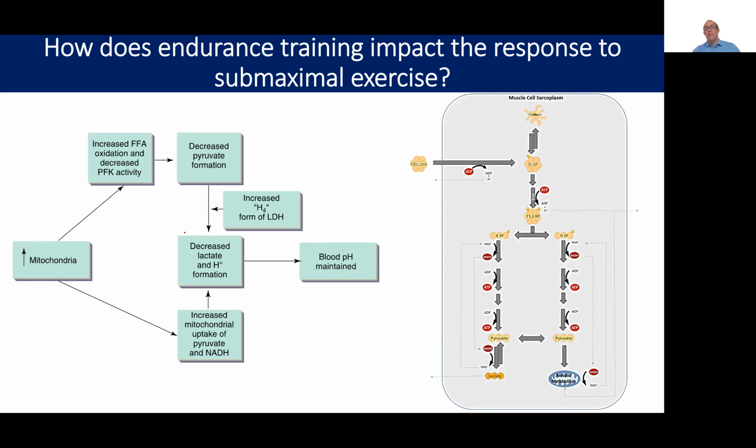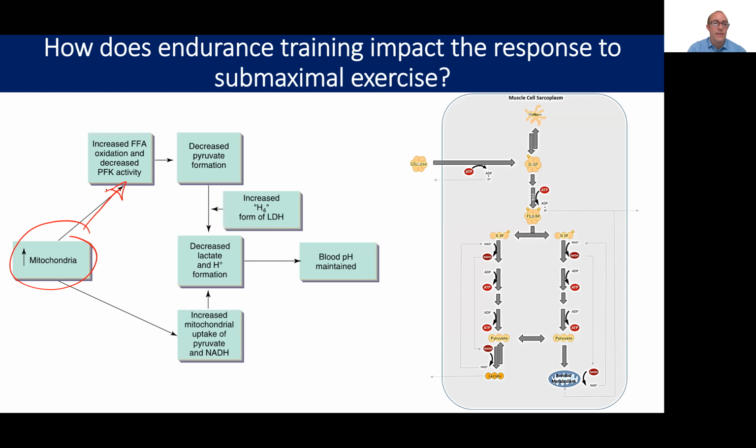The increase in mitochondria is actually key for a lot of these submaximal adaptations that we see. By having more mitochondria, we can use fats more readily. By using fats more readily, that allows us to produce less metabolites that signal for fatigue and allows us to have greater and greater endurance.